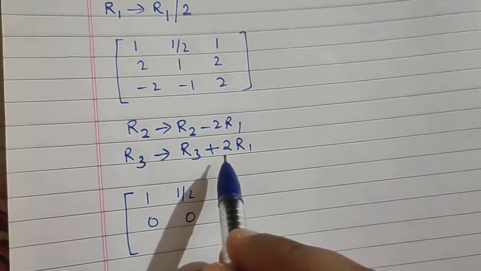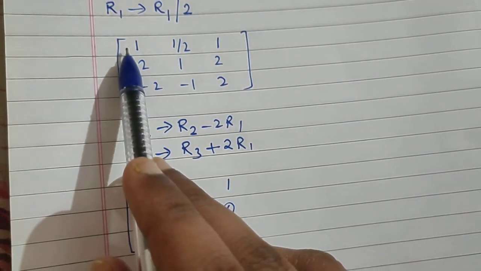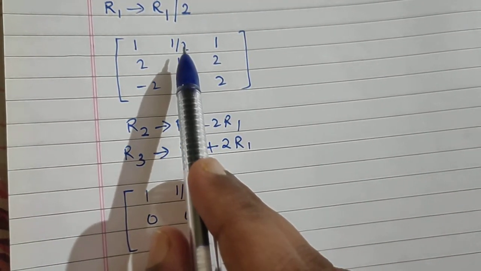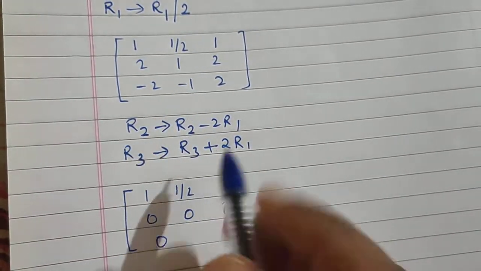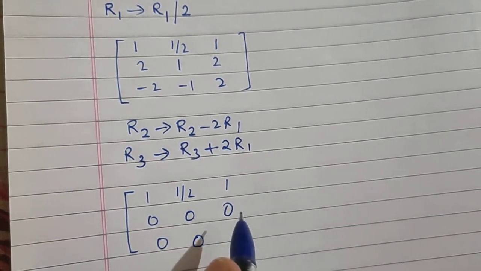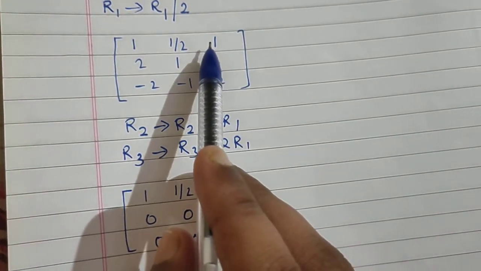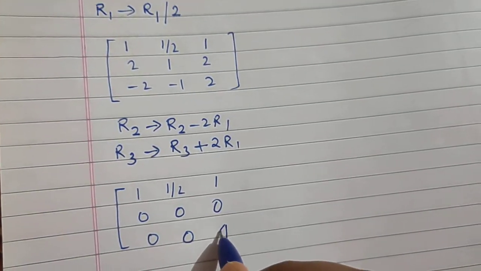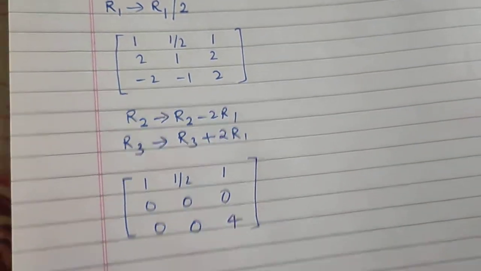Now R3 to R3 plus twice R1, so twice of this is 2, 2 minus 2 is 0, twice of this is 1, 1 minus 1 is 0, and then twice of this is 2, 2 plus 2 is your 4.